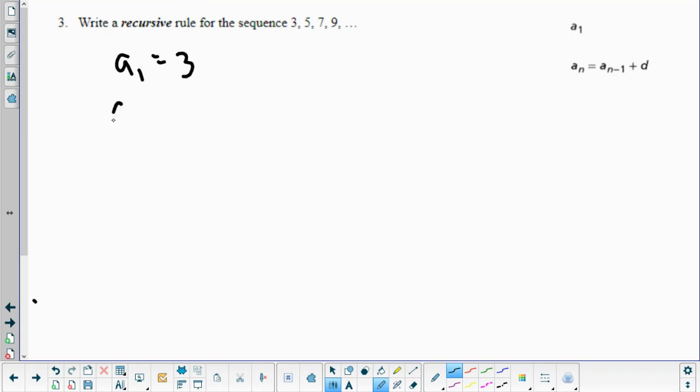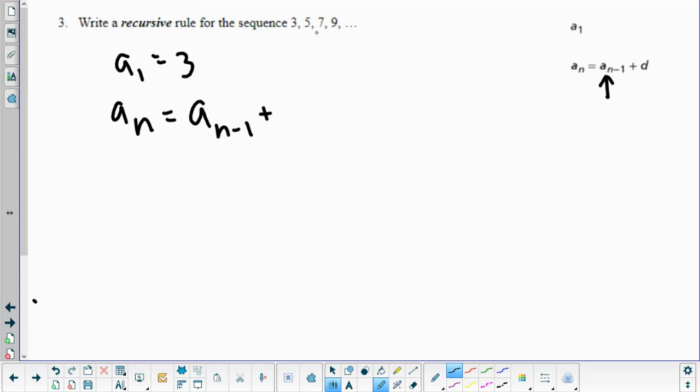Okay, and then the second line, it doesn't tell us any individual term that we're finding, so we're going to keep it as a sub n. All right. This piece right here, a sub n minus 1, that represents the term before the one that we want. So we're going to keep that all in one piece. And then we're going to add our common difference, or our d, to it.